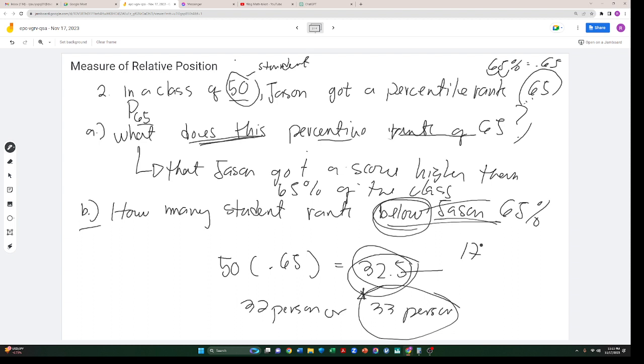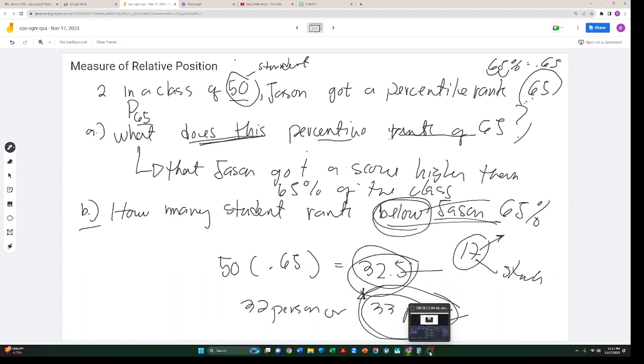So 17 students are above Jason, and 33 students are those below Jason's score or rank. Okay? That is how to interpret ungrouped data.